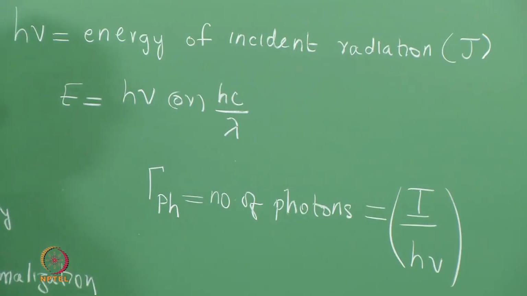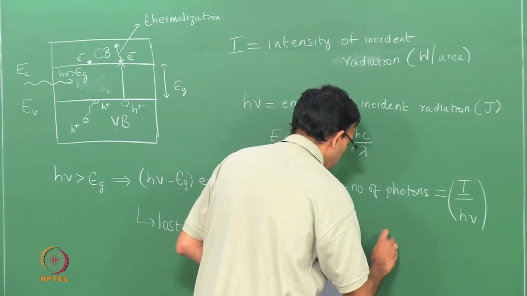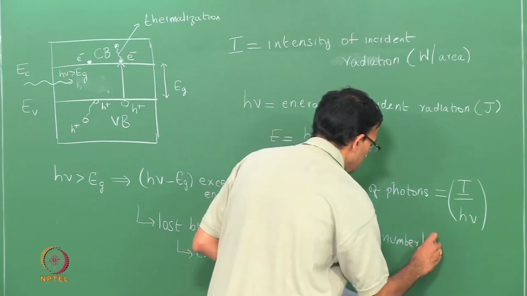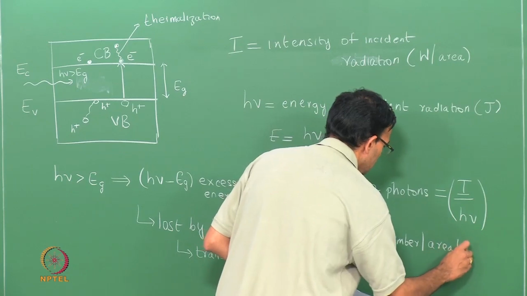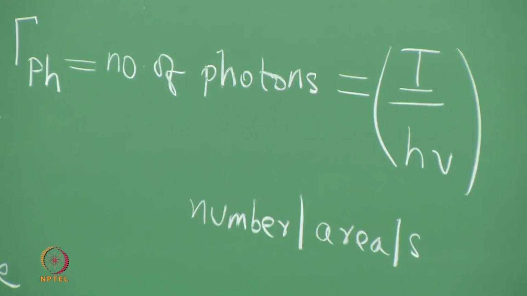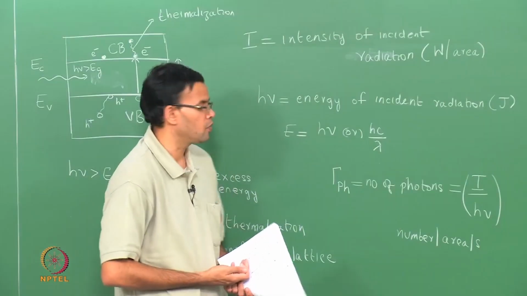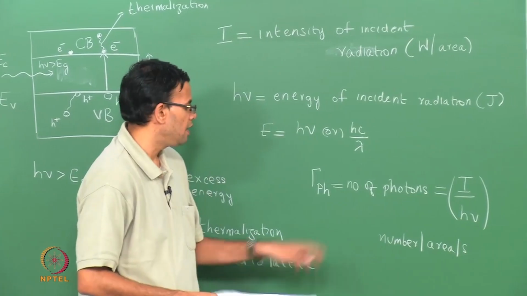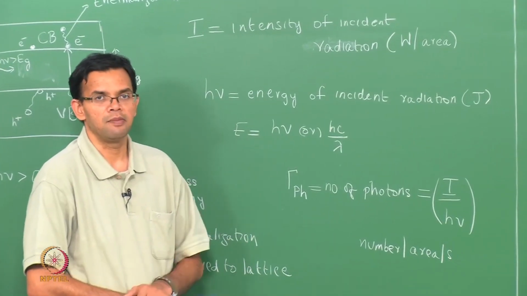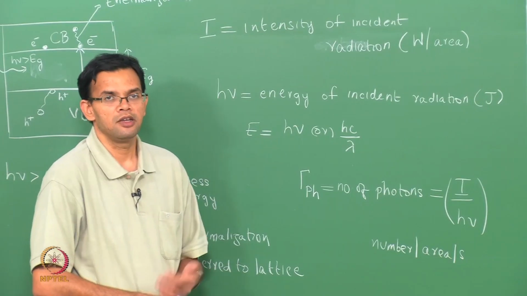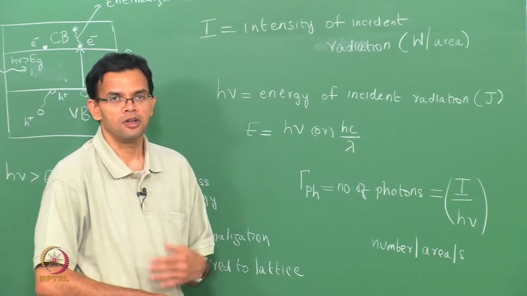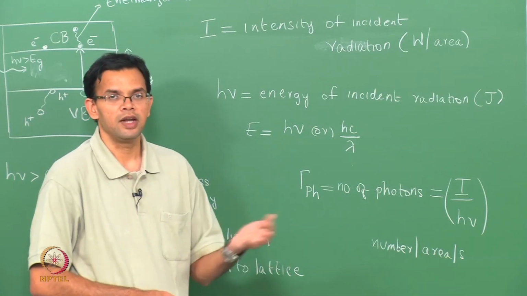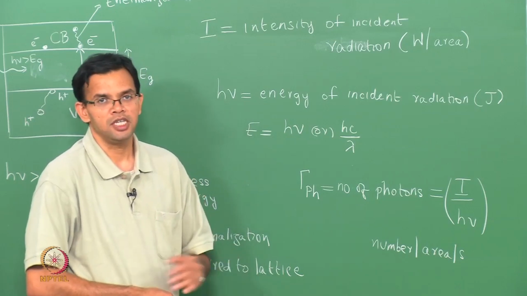So this has the units of a number per unit area per unit time. So s is in seconds, area could be centimeter square or meter square, but it is the number of photons that are incident on your sample. Again, if these photons have energy greater than the band gap, they are going to create your electron hole pairs. So this process can be 100% efficient, which means every incident photon will generate one electron hole pair, or the efficiency can be less than 100.